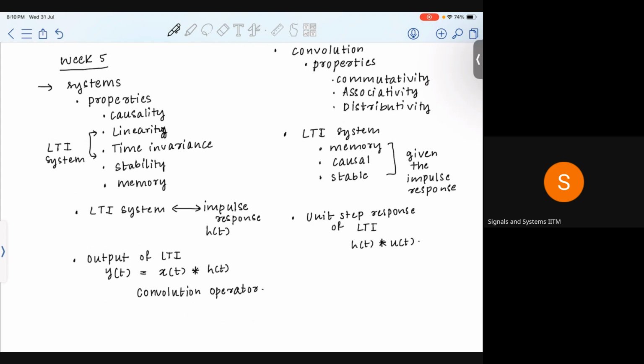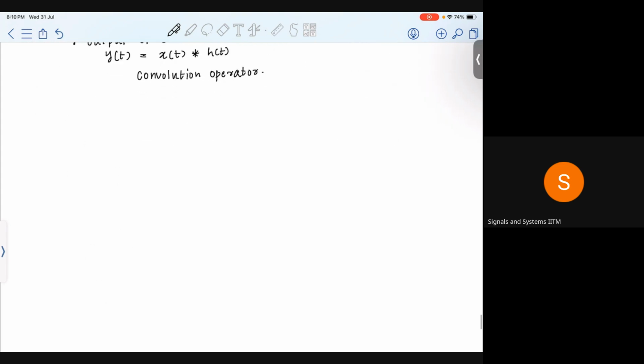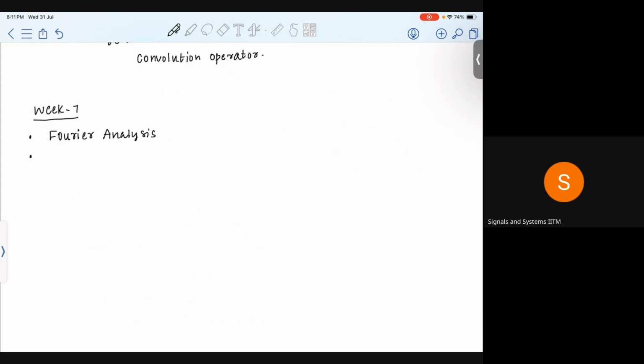And moving to week 7, we shifted gears and went into something known as Fourier analysis. In particular, we have seen Fourier series representation for any periodic signal.